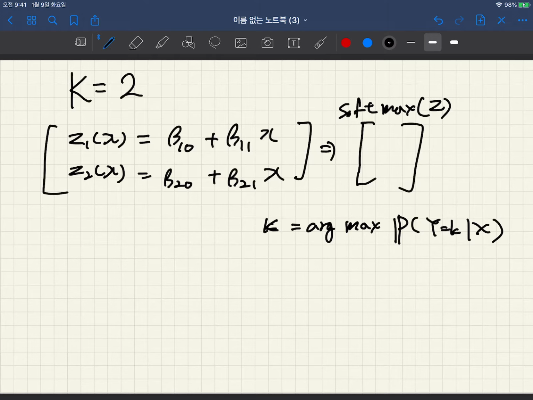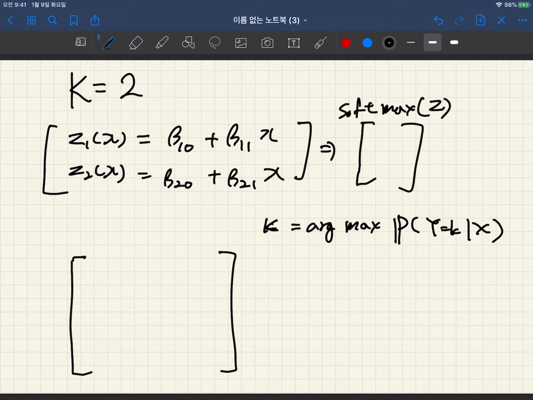But when you look at our textbook, you may notice that in the textbook we only use 2 coefficients. Let's look at the softmax function again.